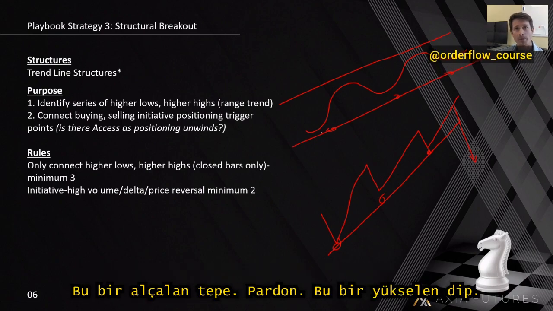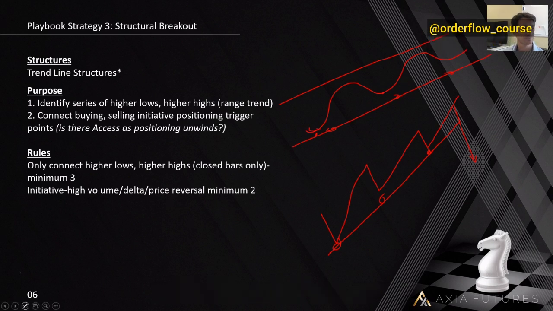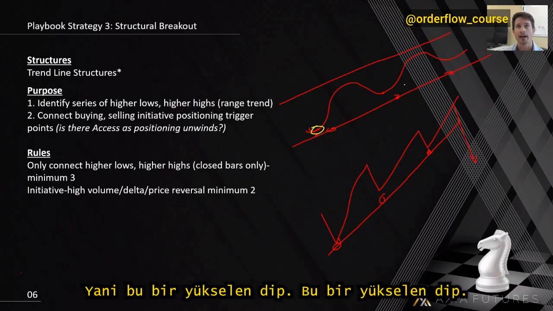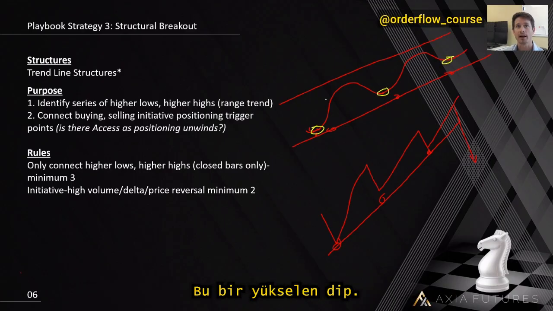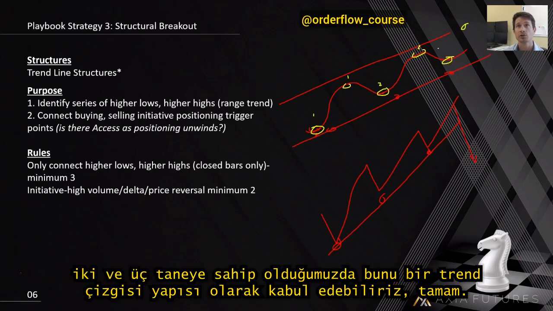We spoke about that being a higher low. Let me get a different color here. So that's a higher low, that's a higher low, that's a higher low, that's a higher high, and a higher high. Only once we've got 1, 2, and 3 can we deem it a trend line structure.